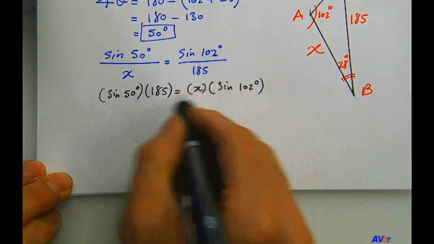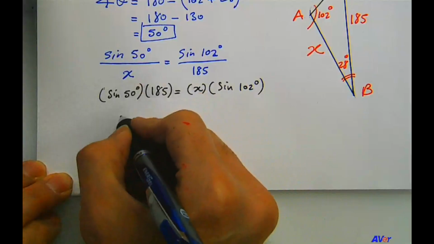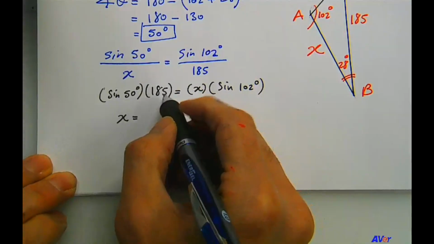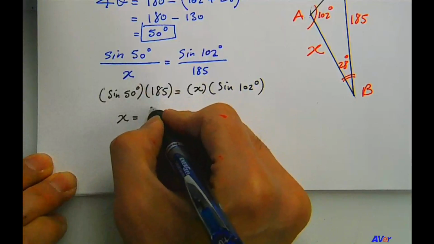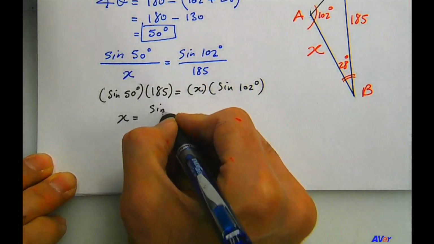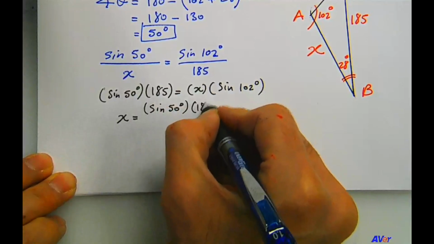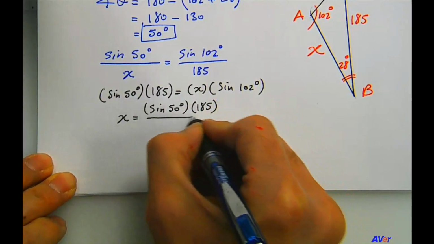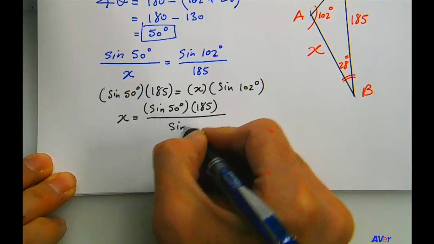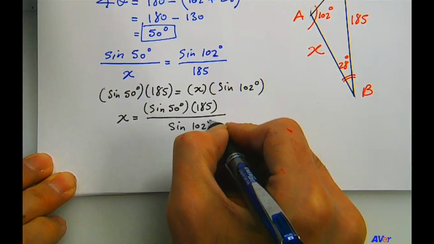So now we want to solve for x. So x is equal to all of this side, or sine of 50 degrees times 185 divided by sine of 102 degrees.